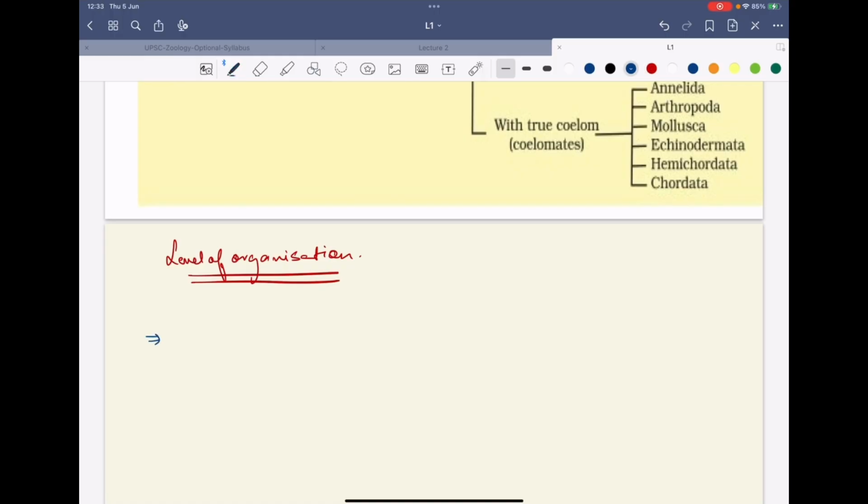Level of organization is actually the hierarchy of structure within living organisms.